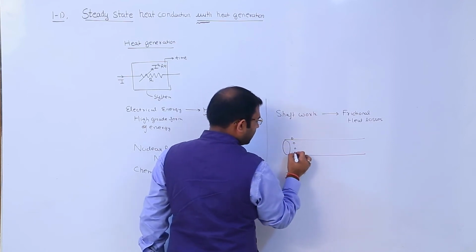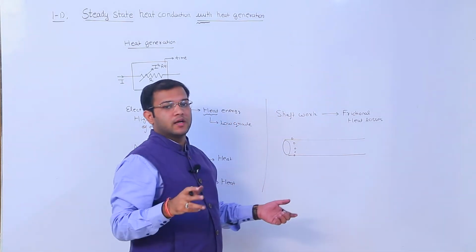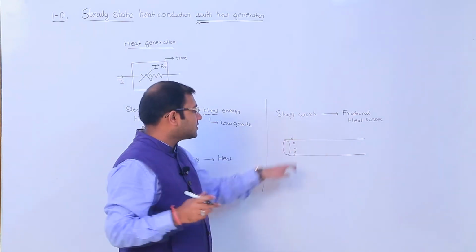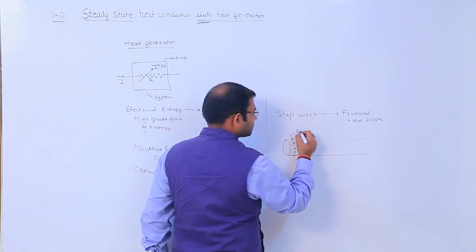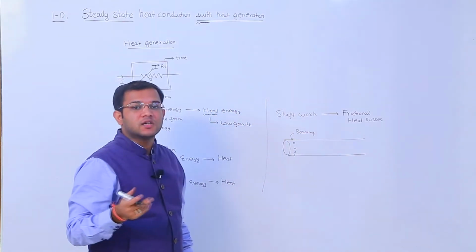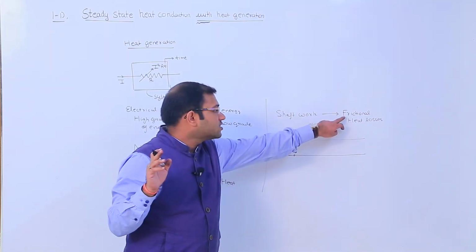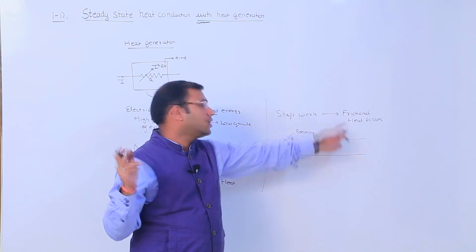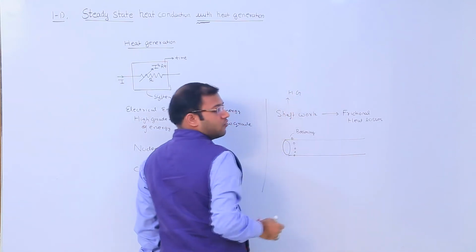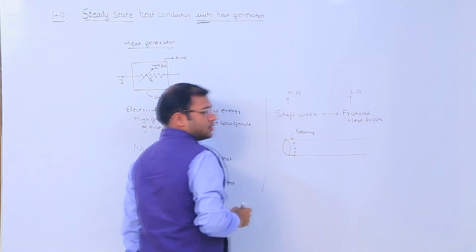It will have bearings on its surface so that it can easily rotate. And when there is contact between the surface and the bearings, some of the energy is lost in order to overcome the friction. So frictional losses are nothing but your heat losses. Again, this is your high grade form of energy and this is your low grade form of energy.